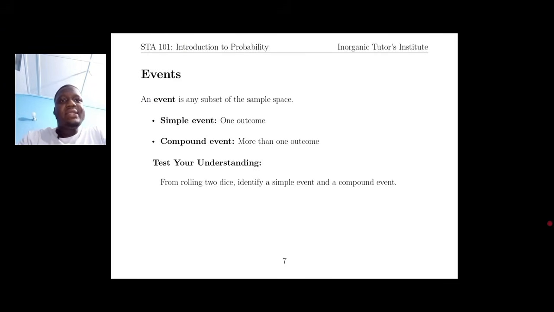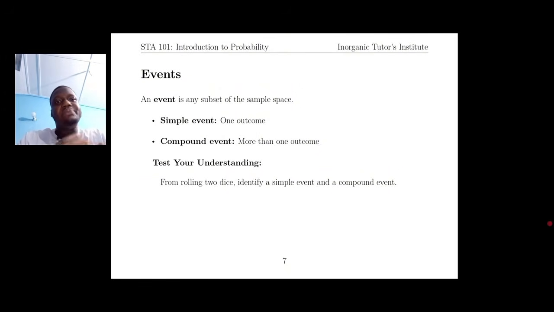So an event is any subset of the sample space. Remember, sample space lists all the possible outcomes. But an event takes off some parts of the sample space, or you can even consider everything, but that's in rare cases where the event will be the same as the sample space.